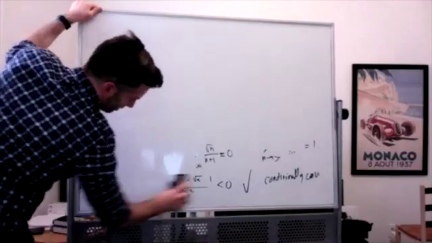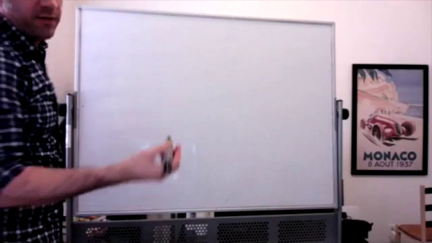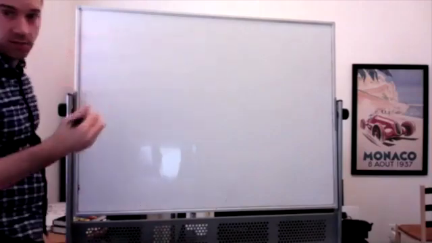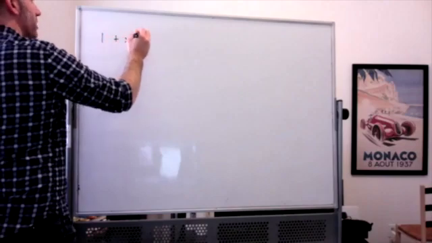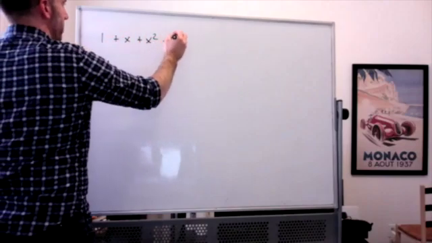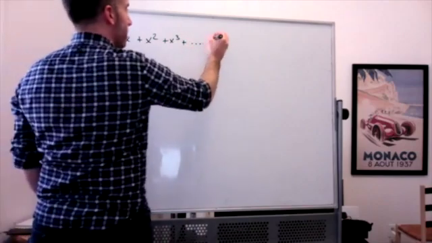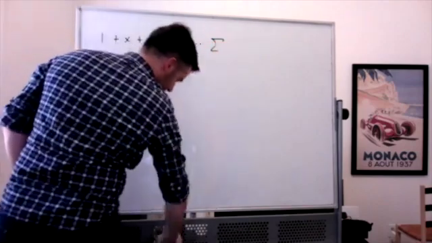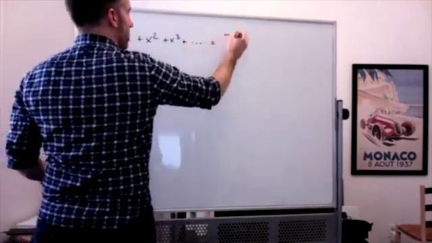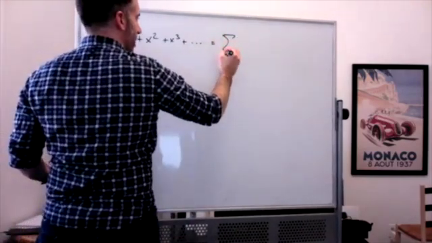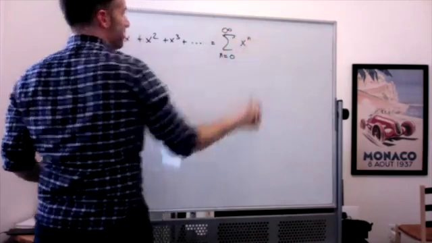So what I'm trying to say in a lot of words is the following. If you look at this geometric series, 1 plus x plus x squared plus x cubed, and so on, which we could definitely write as the sum from n equals 0 to infinity of x to the n.